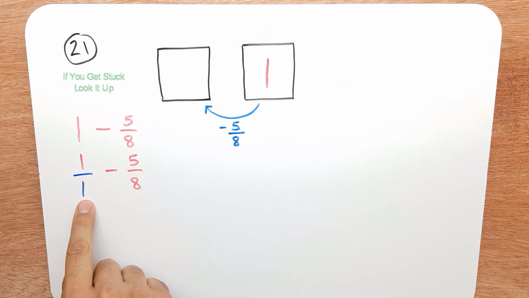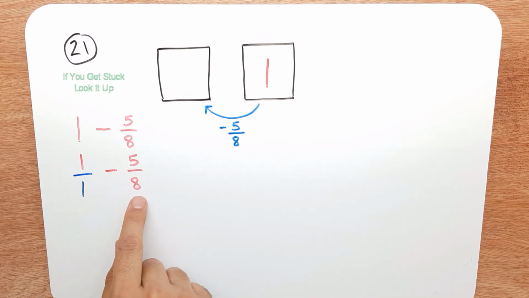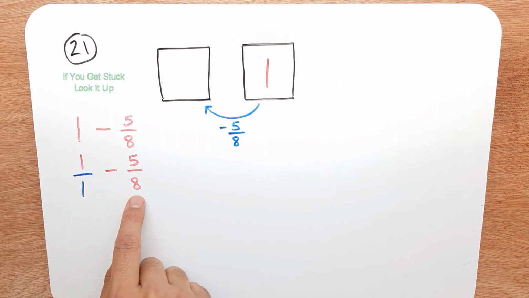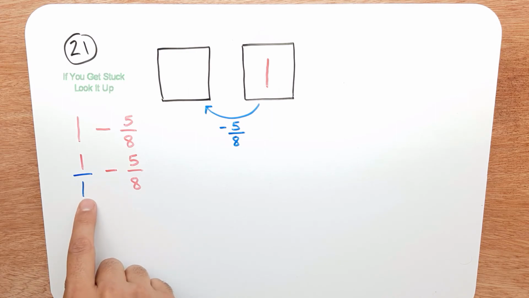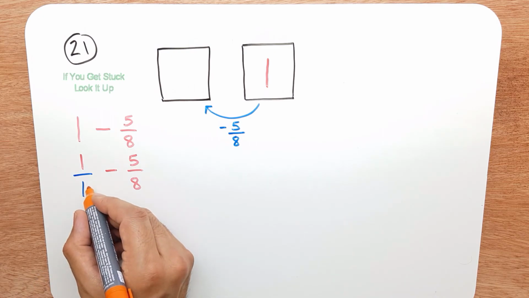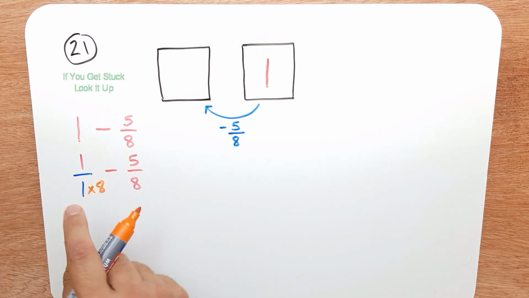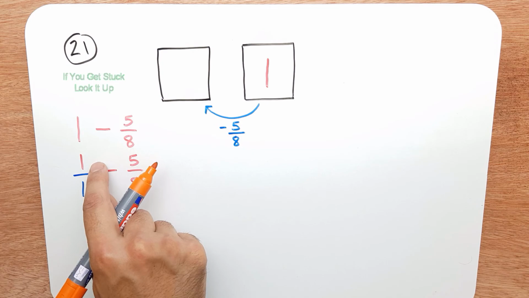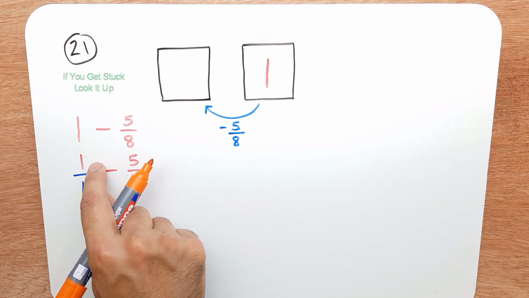Now what I have is one fraction minus another fraction. And if you notice that the denominators are different, and this is quite straightforward, I can turn this into an 8 by multiplying the denominator by 8, and whatever I do to the bottom number or the denominator, I have to do to the top number or the numerator.